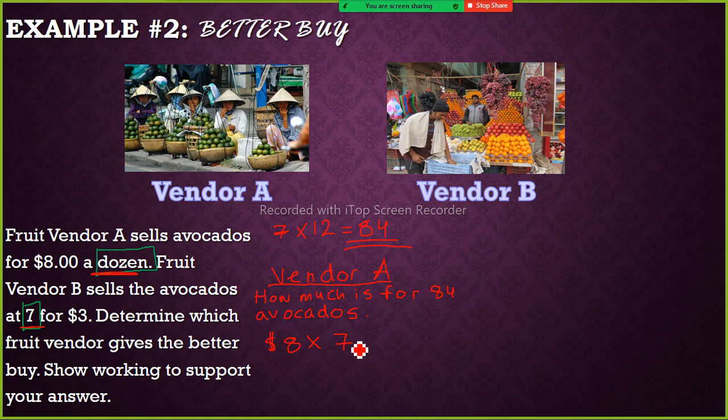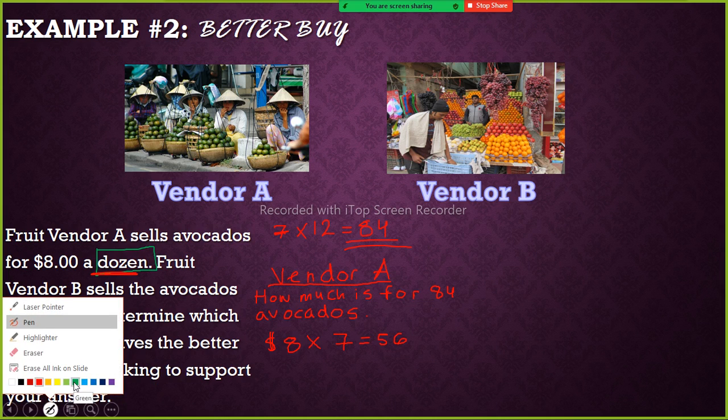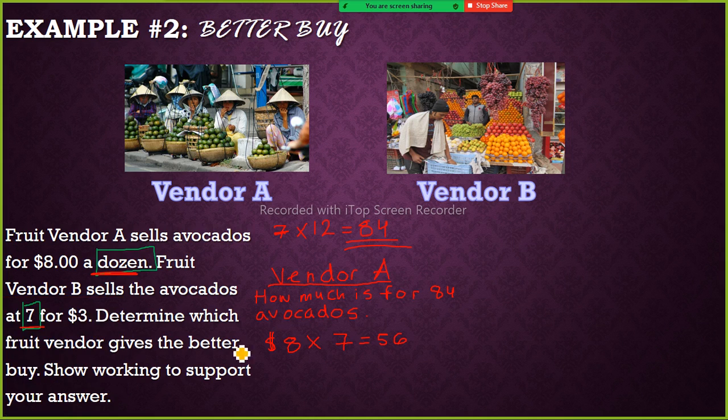The sixth $8, we get 72. The seventh $8, we get 84. So it's 8 times 7, which is 56. So it costs $56 for vendor A. Okay, next one. If you want 84 avocados, you have to pay $56.